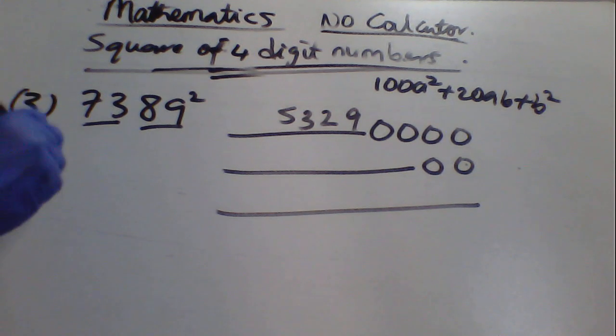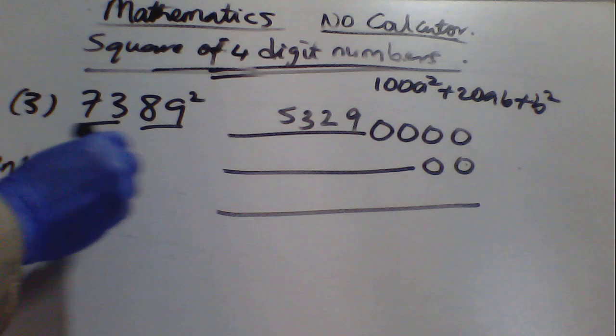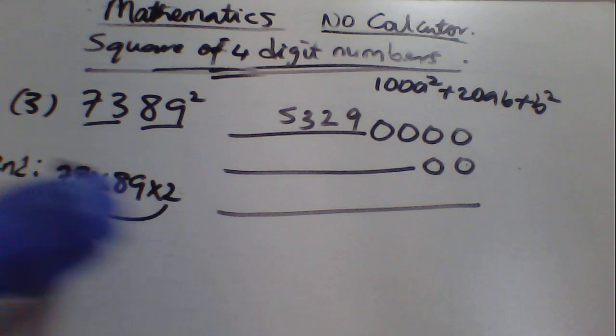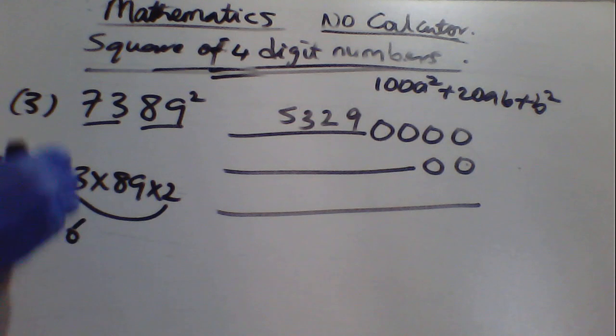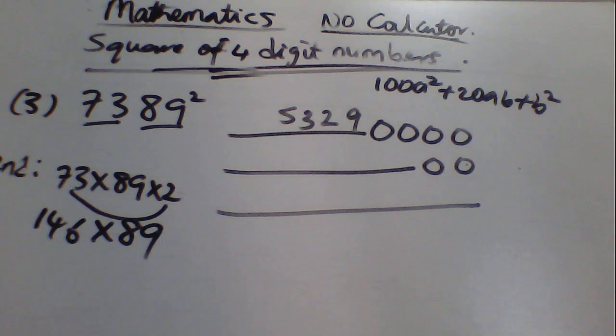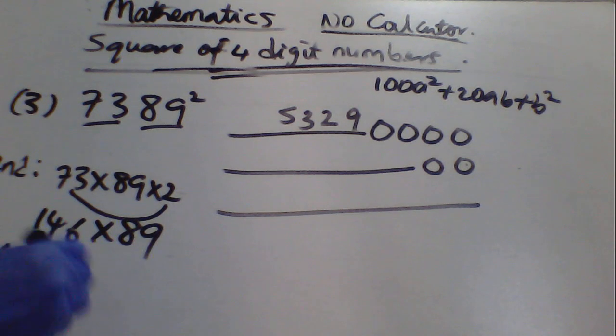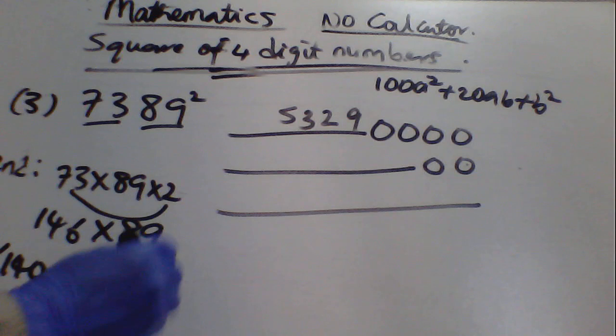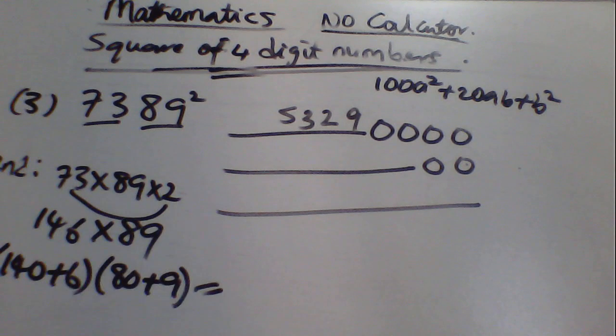So second, we have 73 times 89 times 2. Multiply these two, it will give us 146 times 89. So split it using the algebraic factor method and multiply.